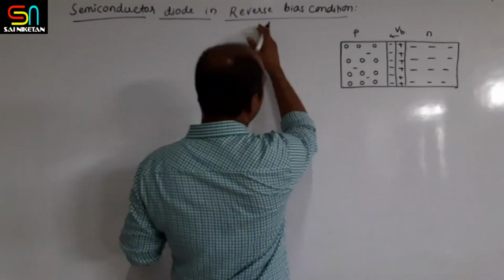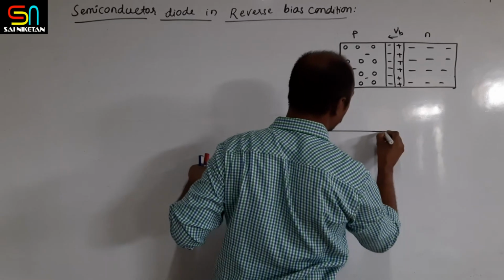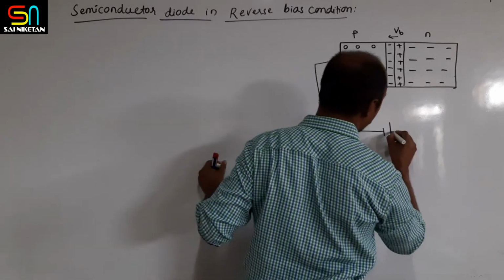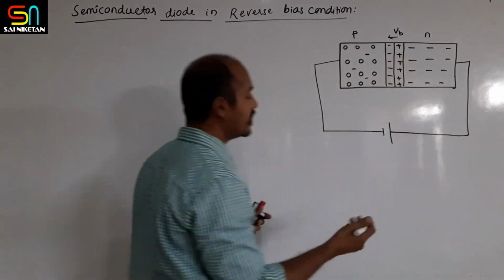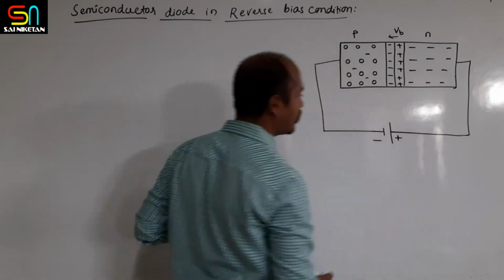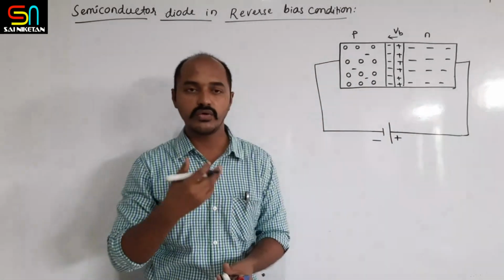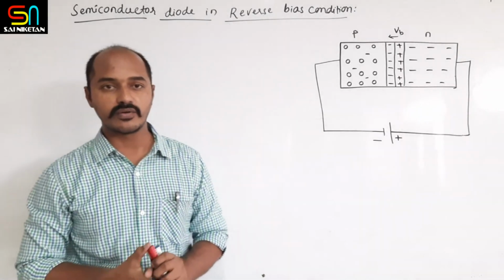Then in the reverse bias condition, this is the situation. This is the negative plate of the battery and this is the positive terminal of the battery. How can you define the reverse biasing of the semiconductor diode?